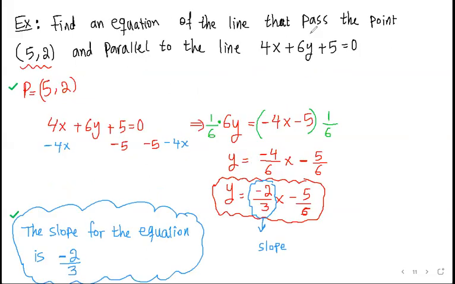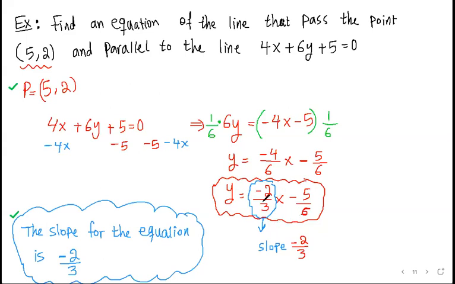Now, first thing we have to find the slope of this line. To find the slope for this line, I have to solve this equation in terms of y. I mean, I have to make the equation y equals something. When I get the equation y equals something, the slope is minus 2 over 3.